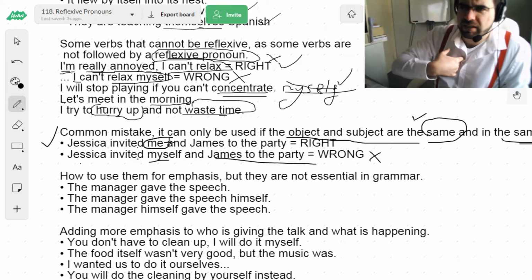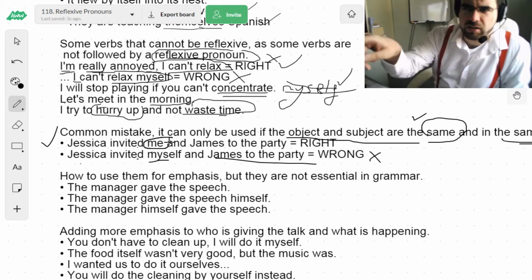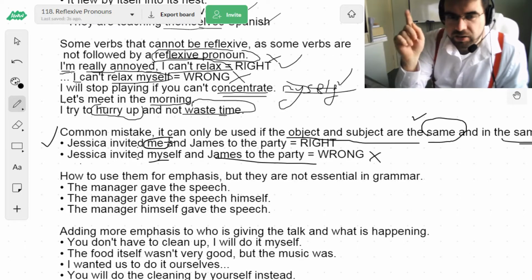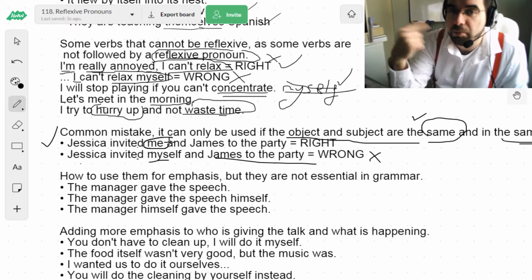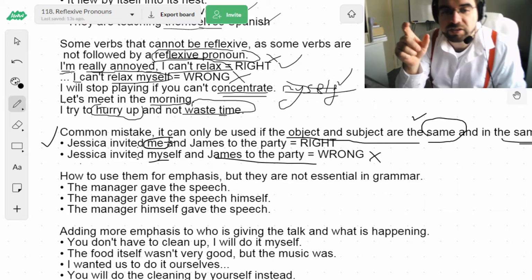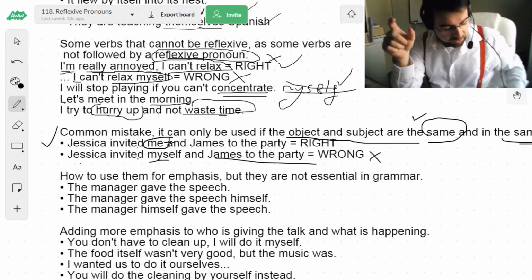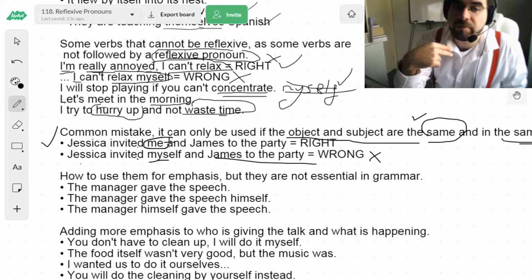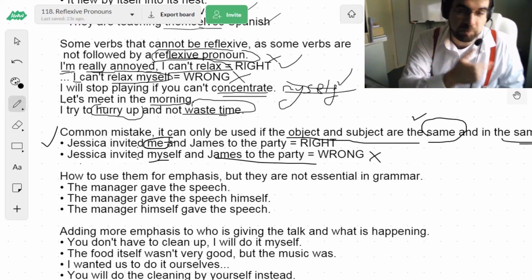The subject, Jessica, invited me, because the reflexive pronoun talks about making the subject and pronoun the same thing, the same person. Jessica, subject, invited me and James to the party.